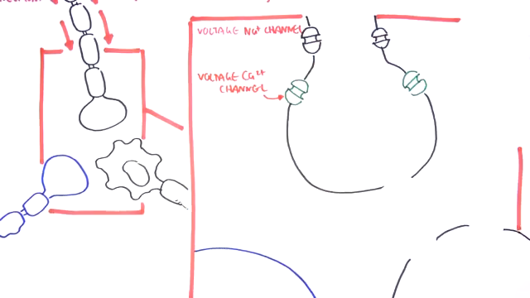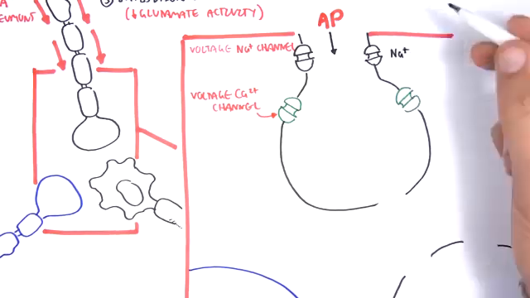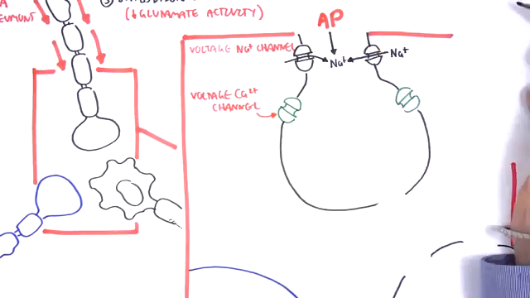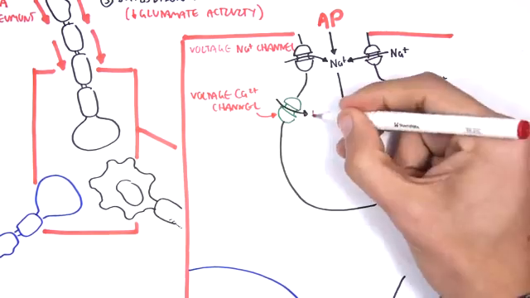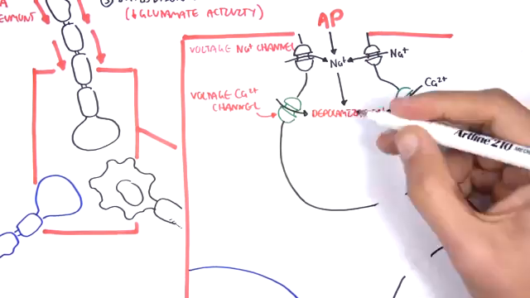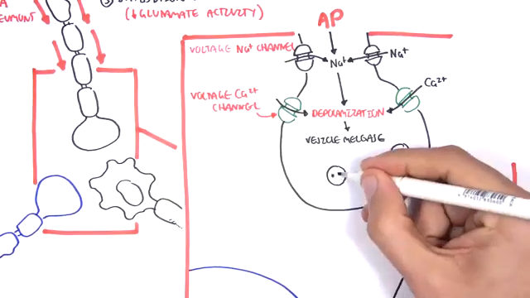Once it hits the terminal, this will cause the voltage-gated calcium channels to open up, resulting in calcium coming in, and this will lead to more depolarization, resulting in the vesicles in the terminal bulb releasing glutamate in this case.